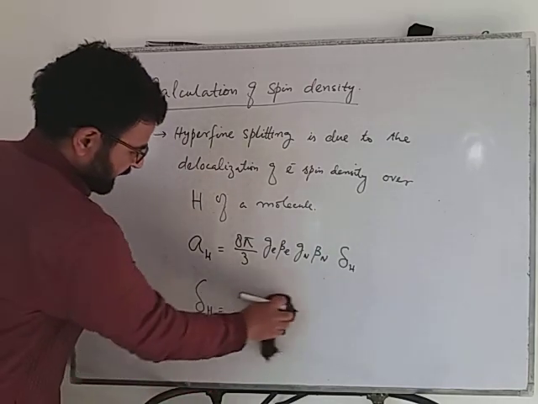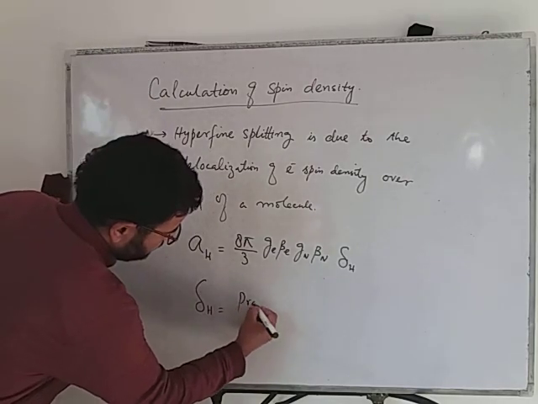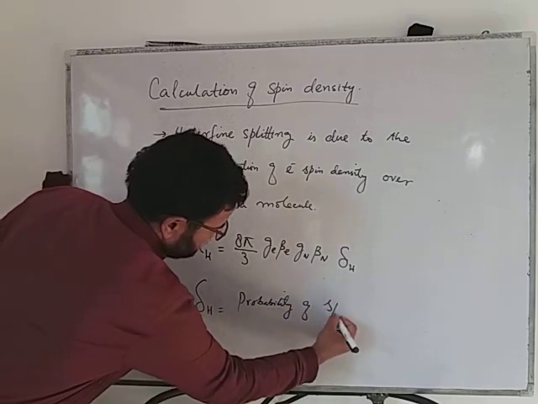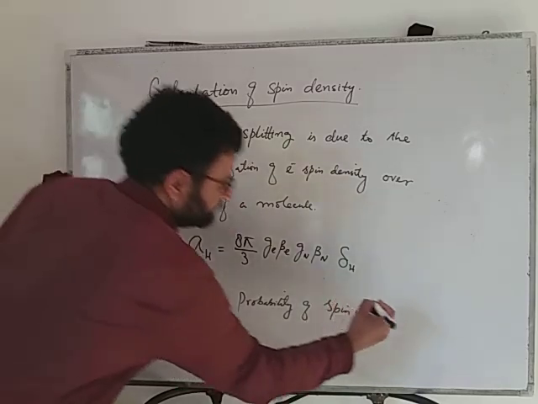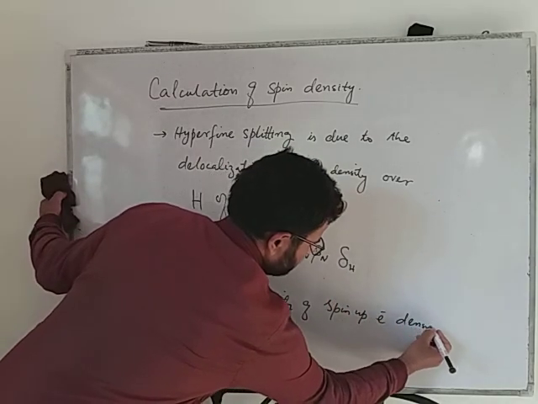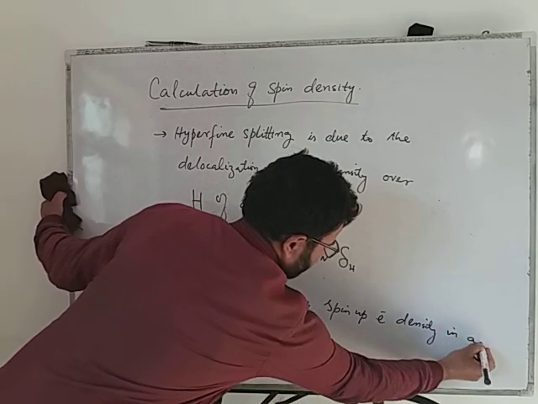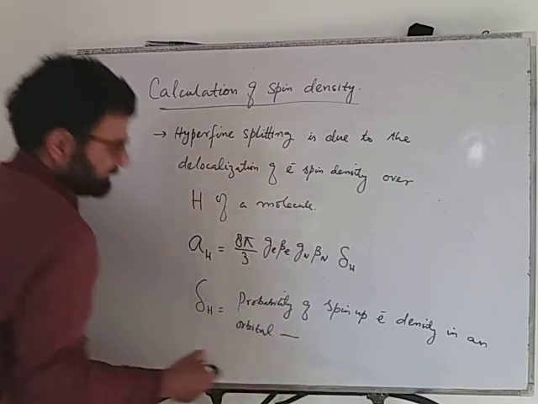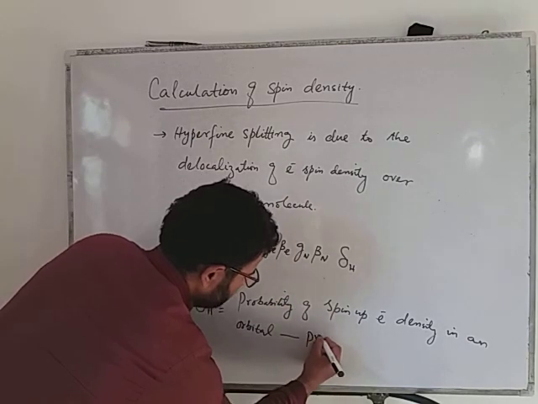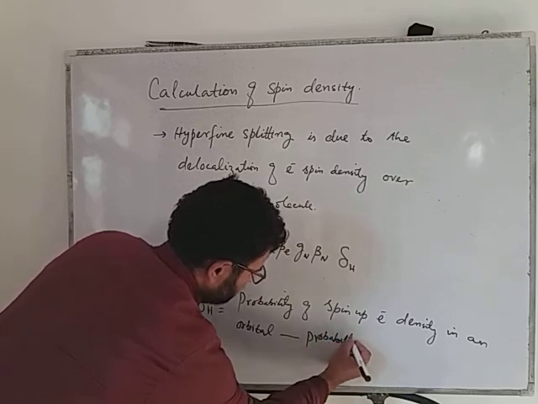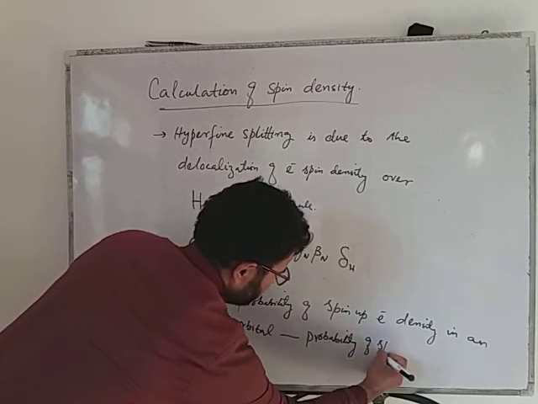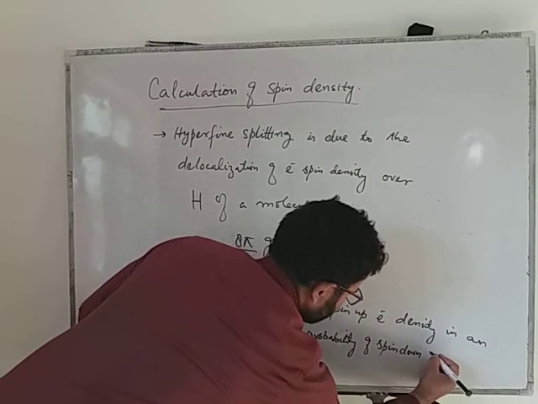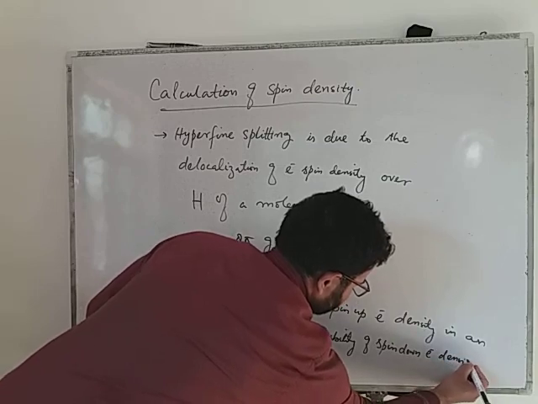Delta H is actually the probability of spin up electron density in an orbital minus the probability of spin down electron density in the same orbital.